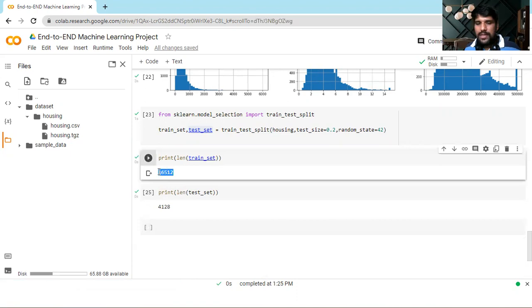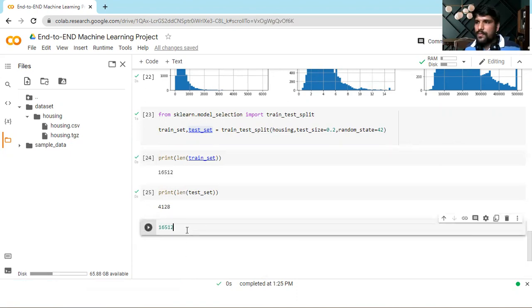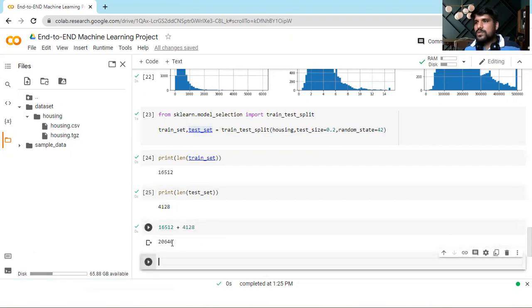If I add them, I'll get the total value, just to verify. Yes, it matches. This is how you split the data into train and test.